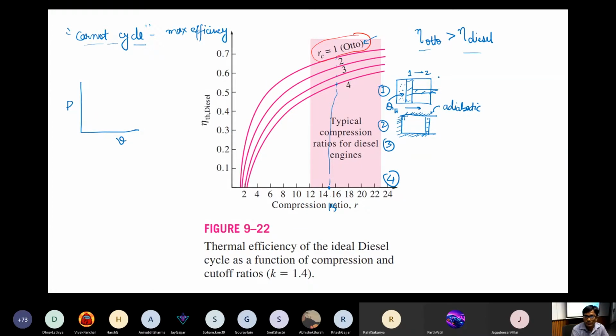Sorry, 1 to 2 it is going isothermally, then it is expanding adiabatically.